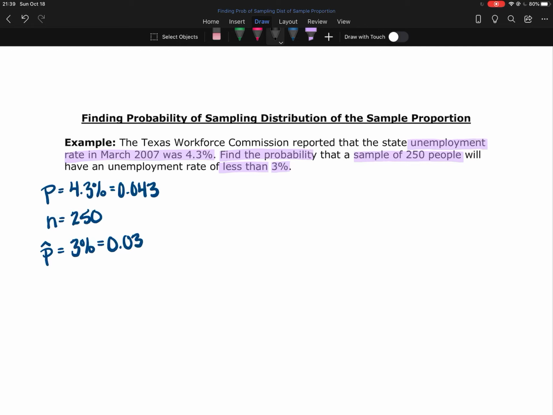So now I need to make sure that I have a normal distribution. Is it normal? So we're going to use the central limit theorem to answer that question, which for proportions says that n times p times 1 minus p must be greater than or equal to 5.